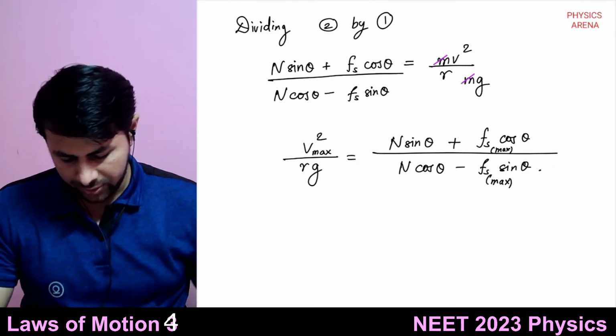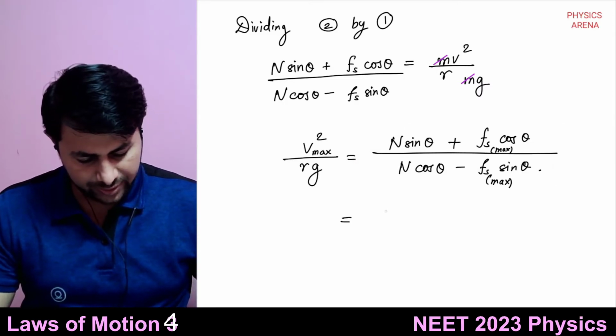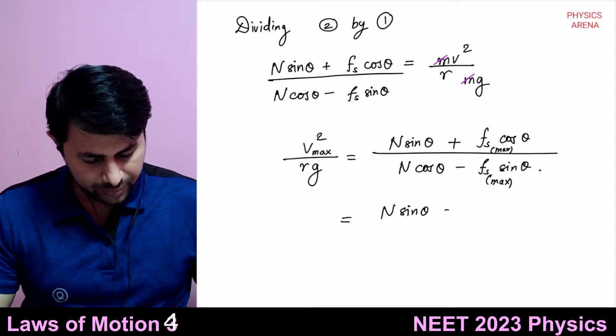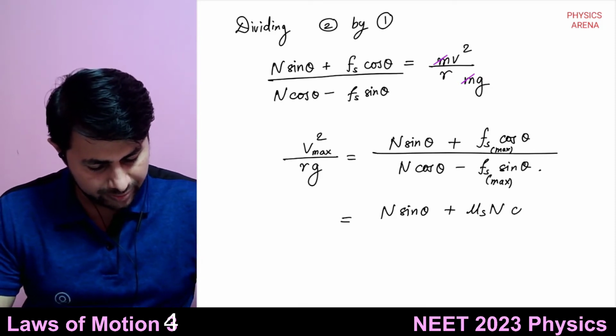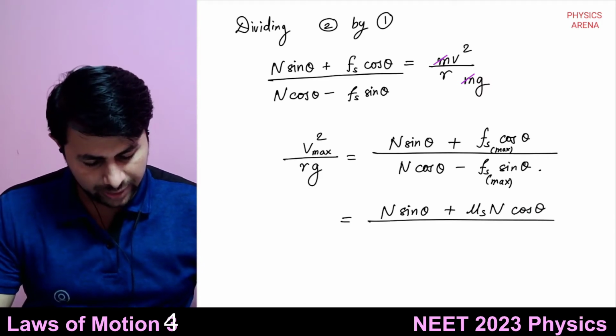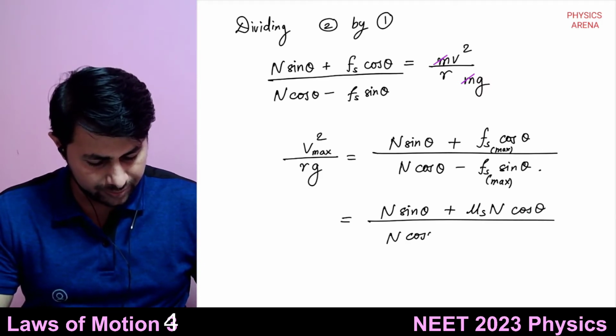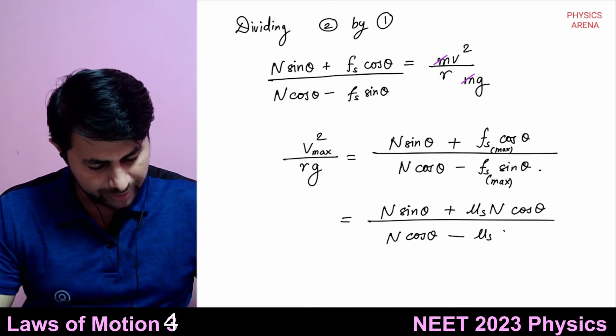All right, so then we can write this as n sin theta plus mu s multiplied by normal reaction multiplied by cos theta, and in the denominator you have n cos theta minus mu s multiplied by normal reaction multiplied by sin theta.